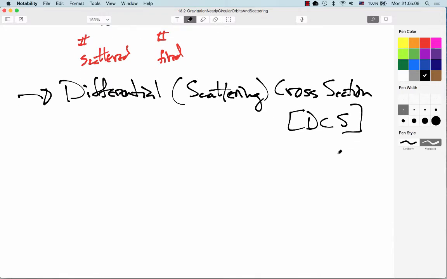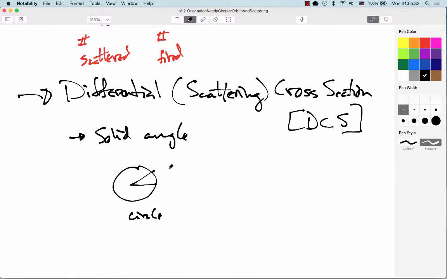Okay, so to do this, since we could scatter in 3D, we need to come up with the idea of solid angle. So if you remember regular angle, I take a circle and say that's my arc length, that's my radius, and the angle in question would be equal to the arc length over the radius.